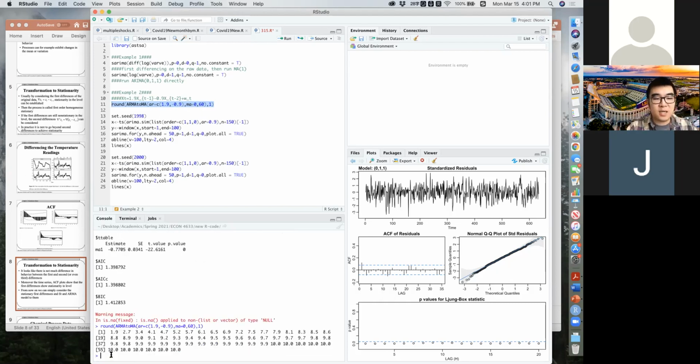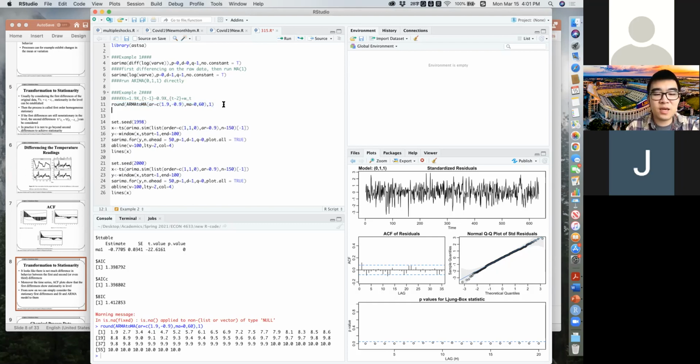And we realize that the coefficients diverge. They do not converge to 0. If you take the summation of all those coefficients, it won't be less than infinity. It's going to be equal to infinity. Okay. So once we check that, we will see this is not a stationary model.